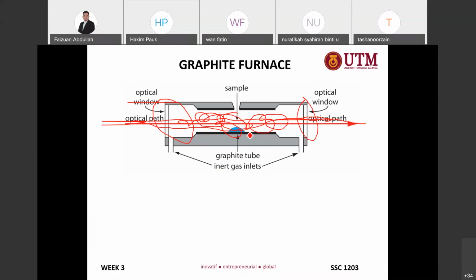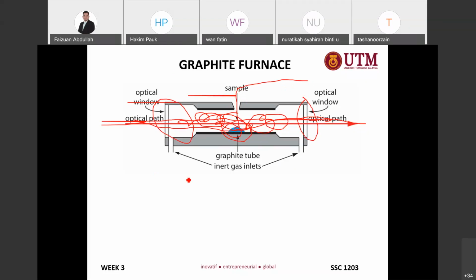The sample is placed here. It is not placed manually by the operator of the instrument, but there is an automatic sampler inside the instrument that will pump the sample with a very small tube inside the graphite furnace.